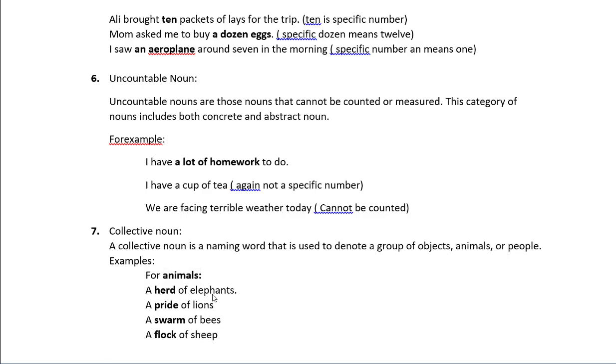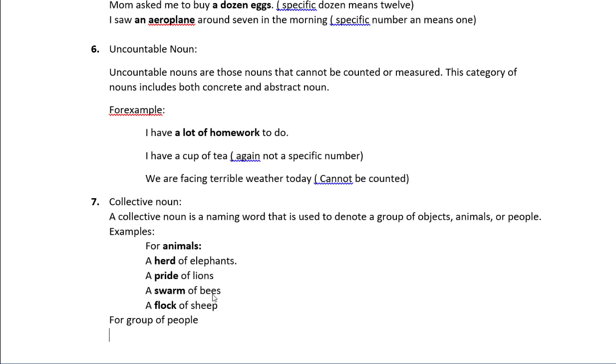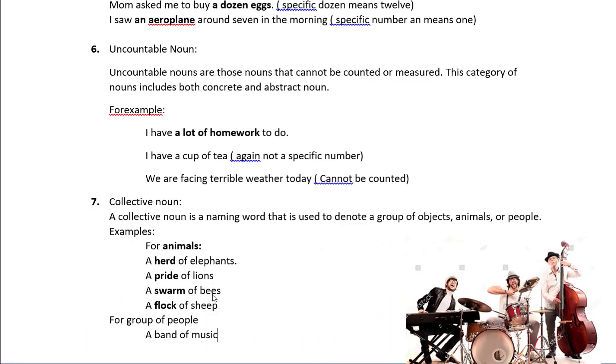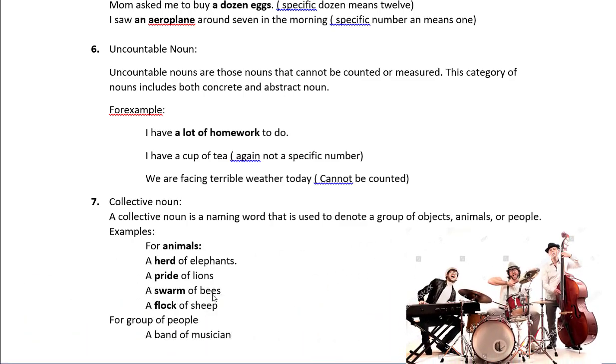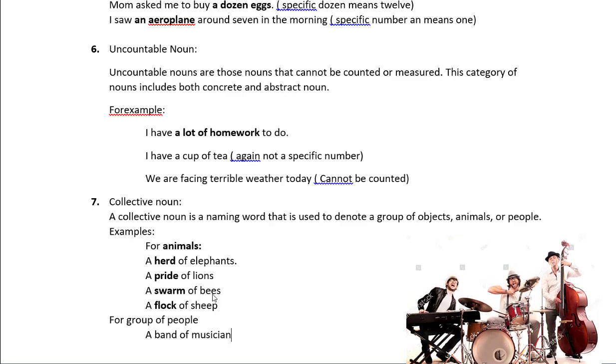Similarly, if we are going to give the collective noun for the group of people or human beings, we can say a band of musicians, people who are sitting in a group.